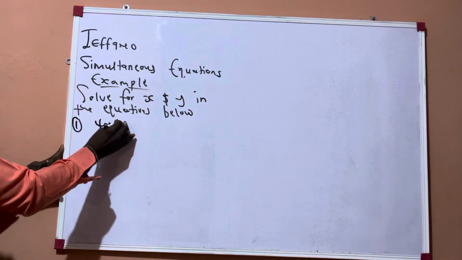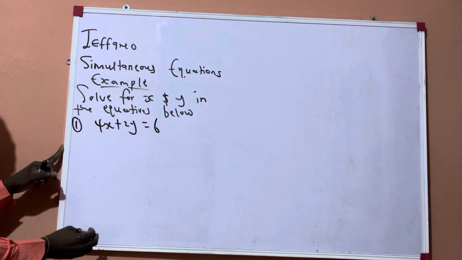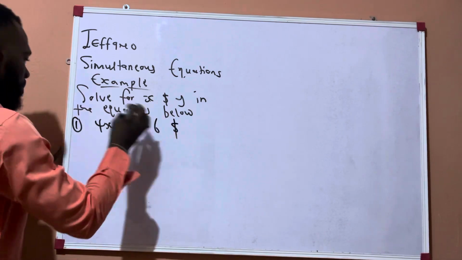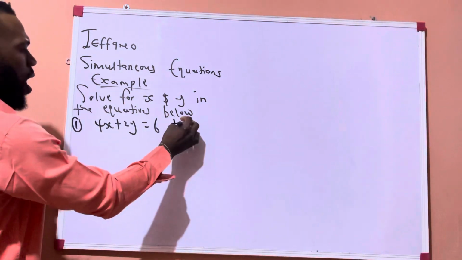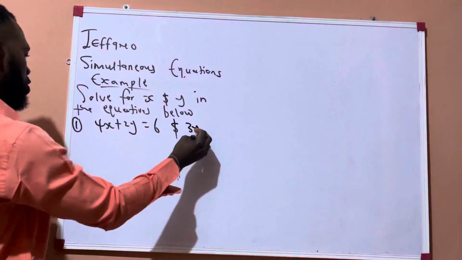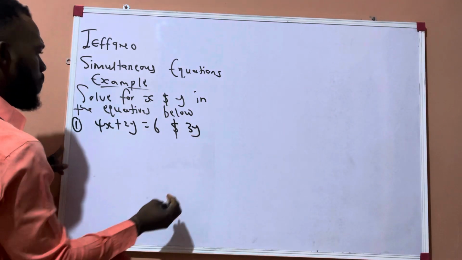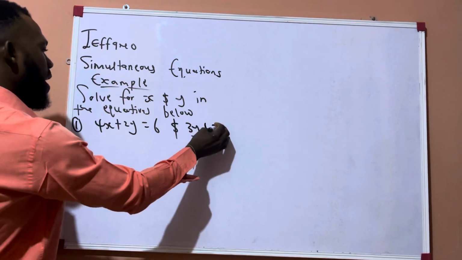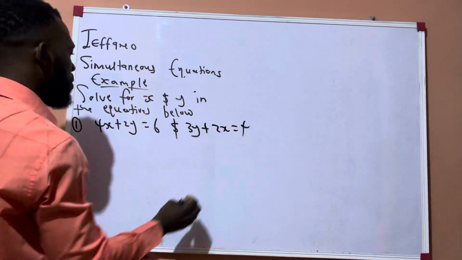4x plus 2y equal to 6, and let's say 3y plus 2x equal to 4.